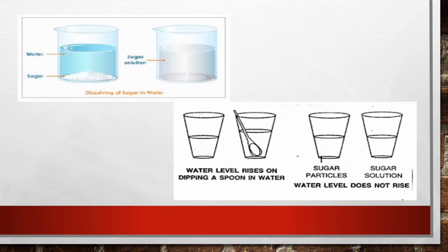Children, as we have already studied, the molecules of water which is in liquid state are loosely packed and have spaces between them. When the sugar is mixed in the water, the molecules of sugar fit themselves into these spaces.